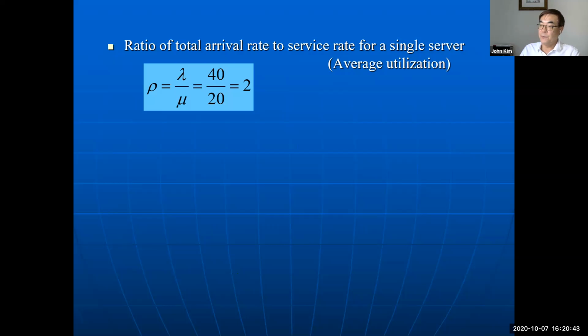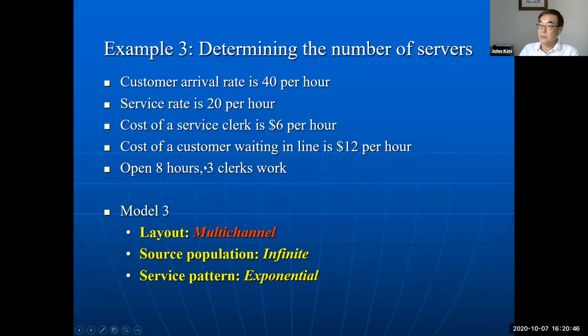So if only one channel, then we can use model 1 or model 2, depending on whether the service pattern is random or constant. But if multiple workers work, then we cannot use a formula to get LQ. Instead, we use a chart.